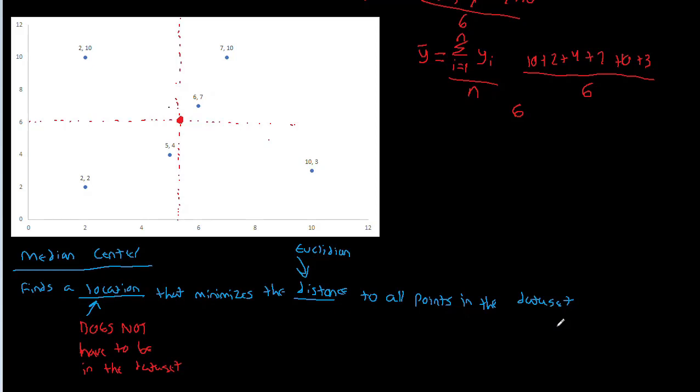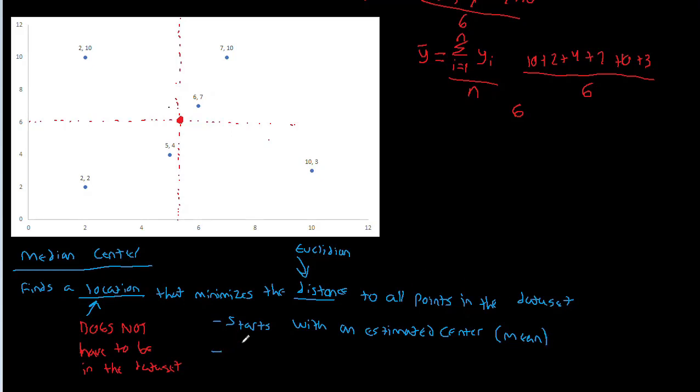So to put that in writing here, what the median center tries to do is it starts with an estimate. It starts with an estimated center. This is usually the mean.